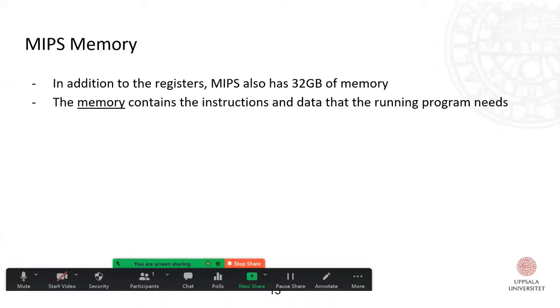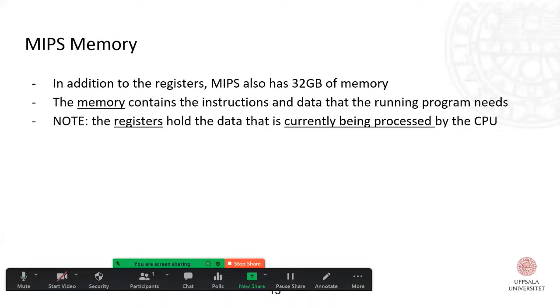And in memory, there are also the other data that you need for your program. For example, the variables that you have declared in your program are first in the memory, and then in the execution, whenever needed, those data will be fetched from the memory and stored in registers. So the data stored in registers is very temporary.